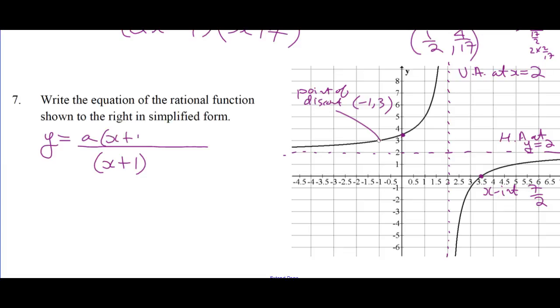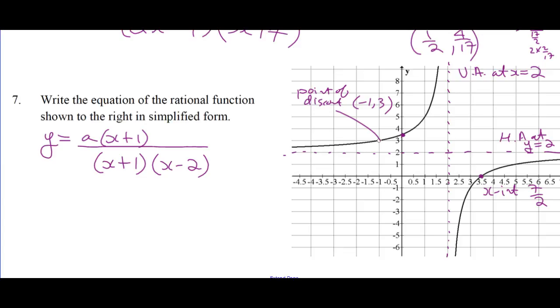So also x plus 1. We have an asymptote where x equals 2. That translates to x minus 2 down here. If x equals 2 is where there's a 0 in the denominator, then x minus 2 is the factor.